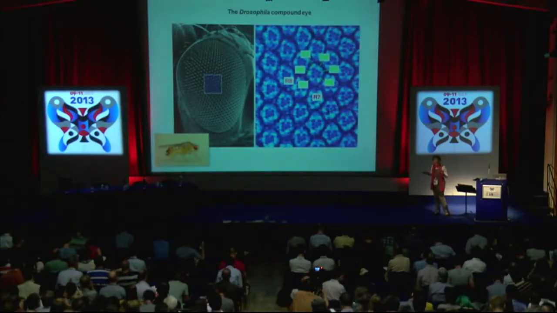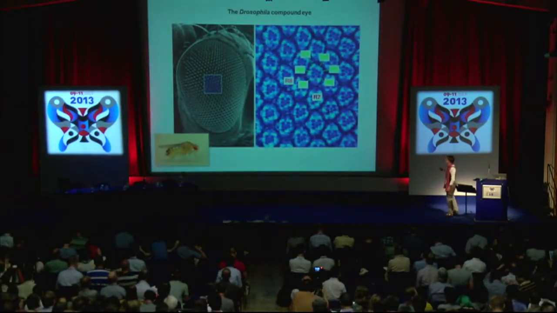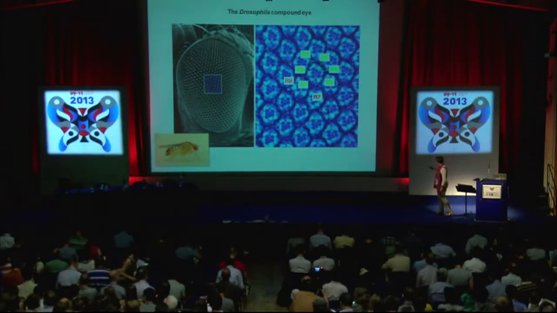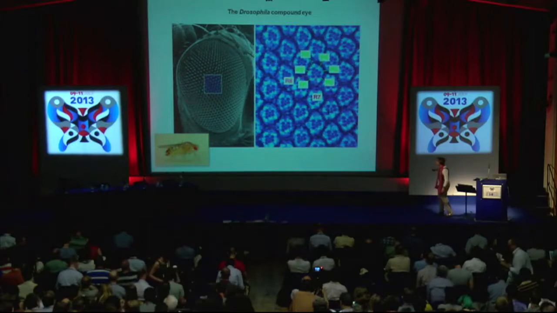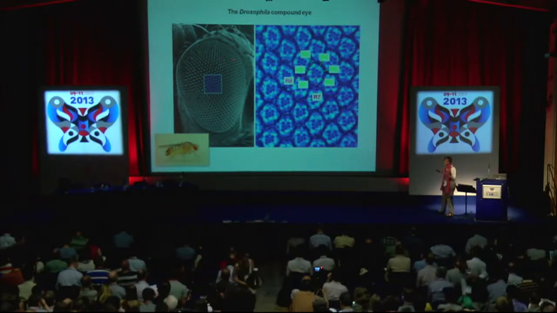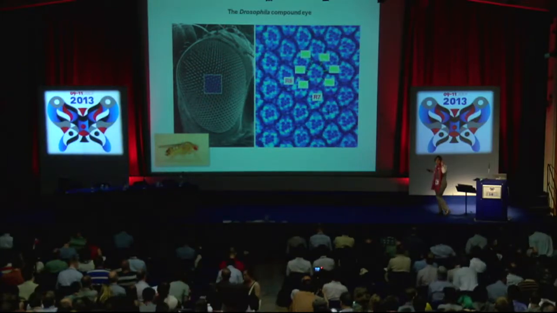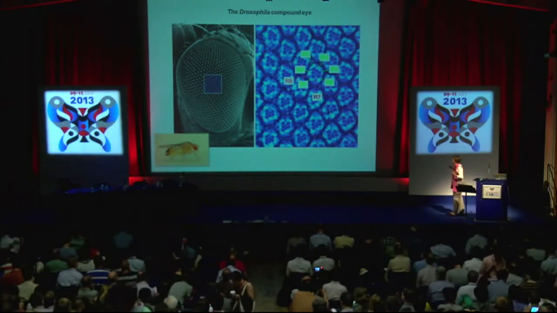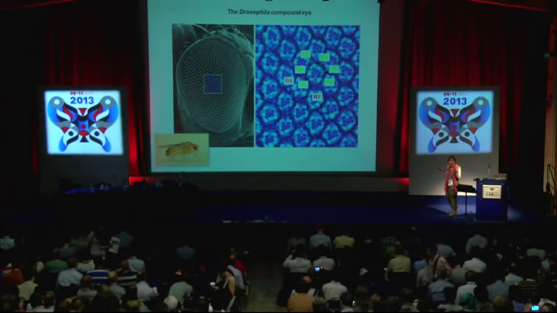So our model organism is Drosophila and its visual system. The fly visual system consists of the compound eye, so 800 little eyes, subunits called ommatidia. Each ommatidium contains 8 photoreceptor cells, or R cells in short.